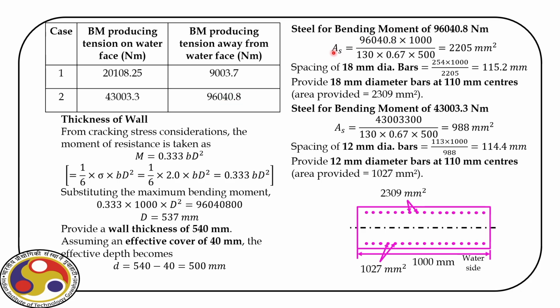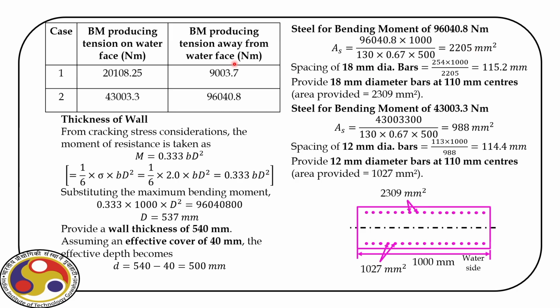For that we find out AS, which is 2205 millimeter square. If we provide 18 phi bar, the spacing of this bar is 115.2 millimeter. So we can provide 18 phi bar at the rate of 110 millimeter center to center. Obviously, the area of steel provided is 2309 millimeter square as opposed to the required area of 2205 millimeter square.